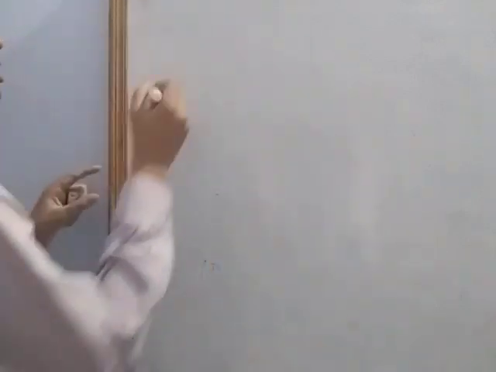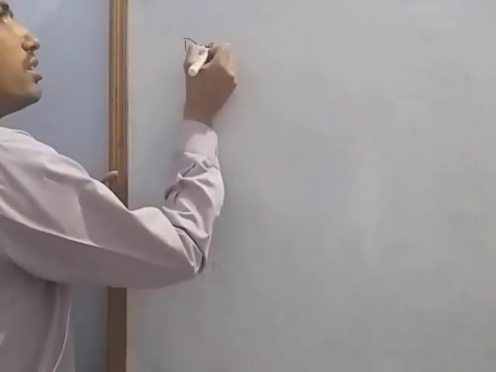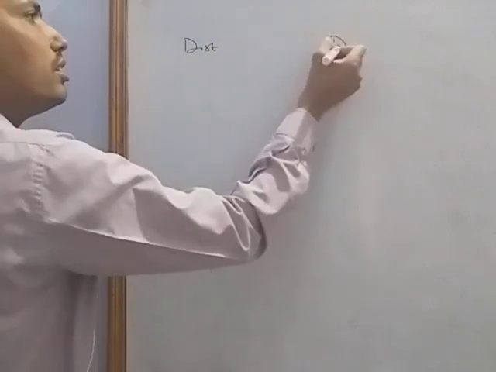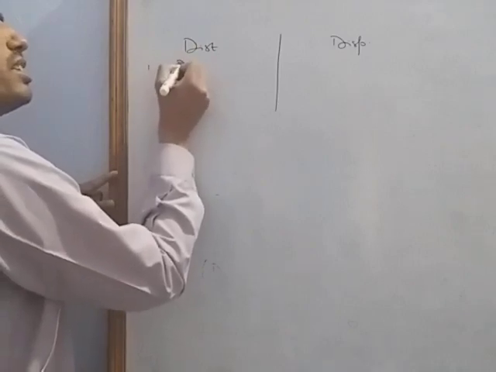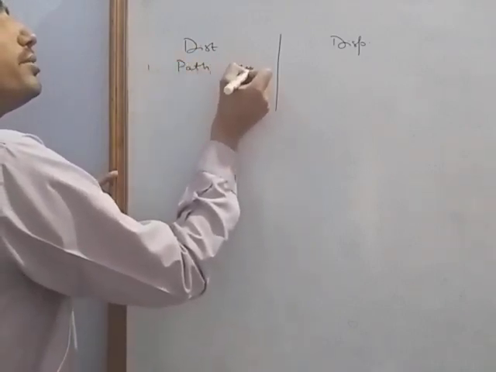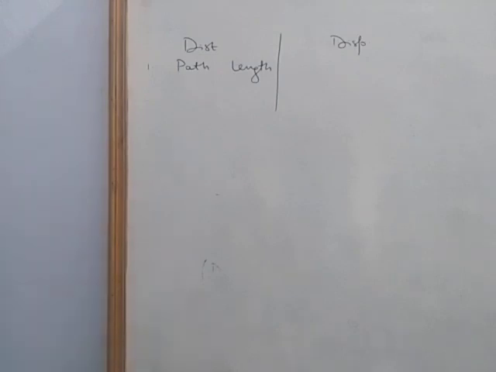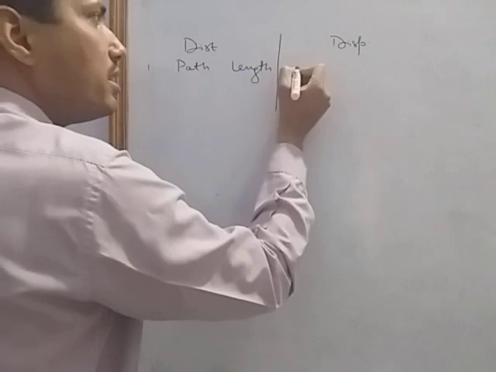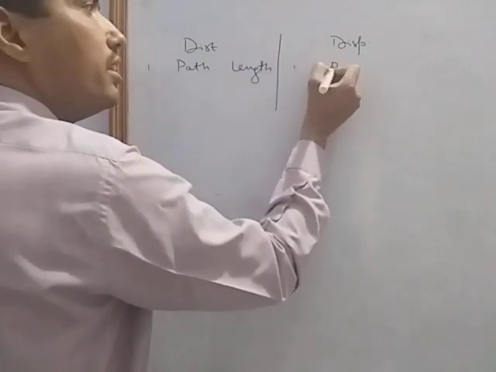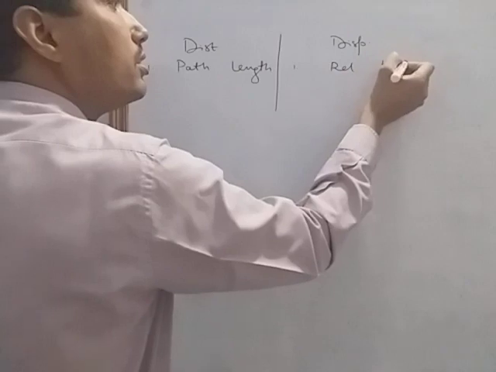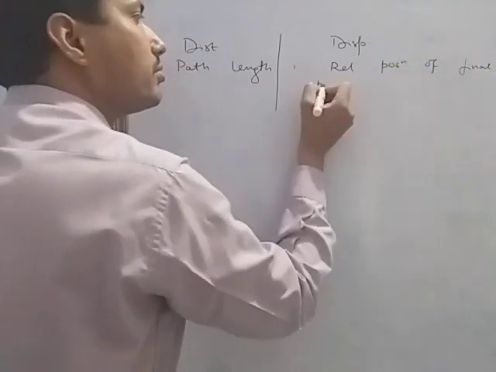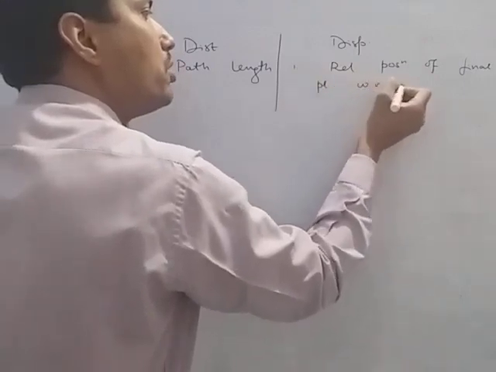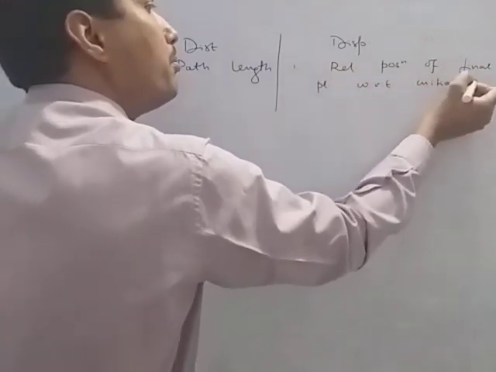Let us summarize the differences between distance and displacement. So distance, first point, it is nothing but path length. It is the length of the actual path traversed by a body. On the other hand, displacement is the relative position of the final point with respect to the initial point.